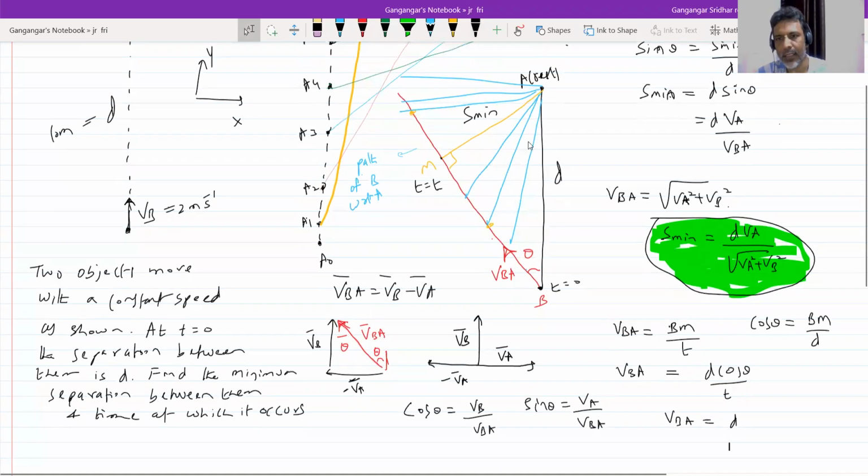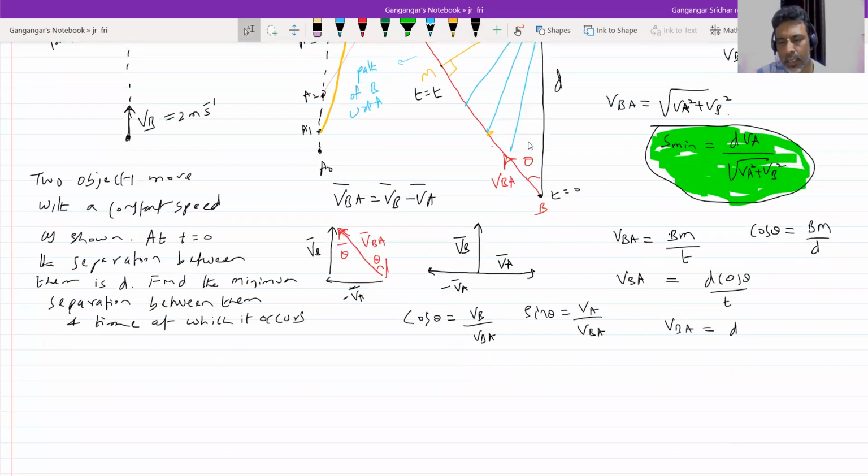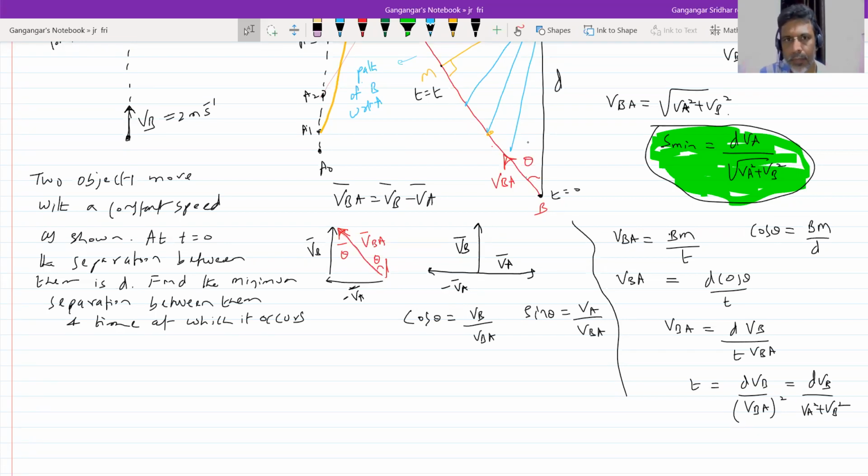I'll further slide up. Cos theta you can write as VB by... this is the minimum time, the time at which the separation will be minimum.